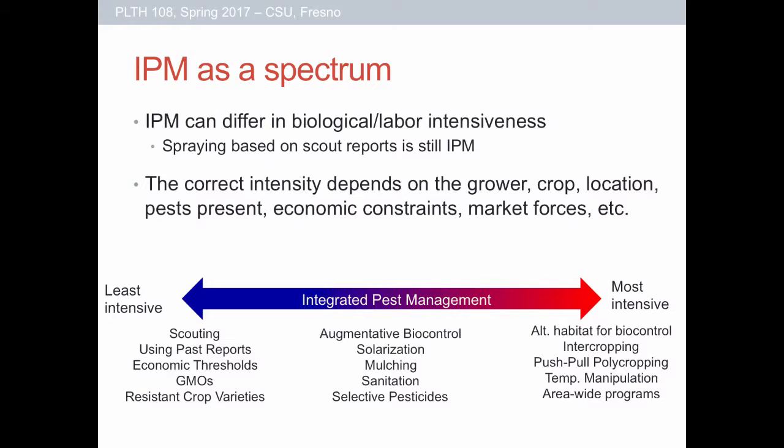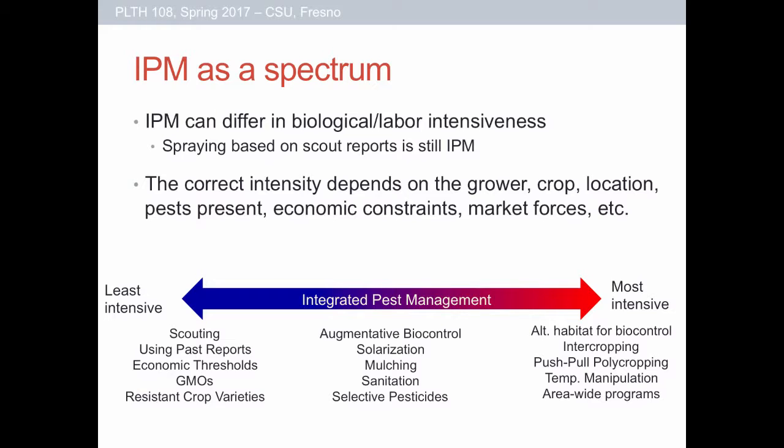I was talking to Jim Farrar the other day. He's the head of the University of California's IPM system, and he used to be the plant pathology professor here before Dr. Ellis took the position. So Fresno State people in high places. He was saying that in his mind, he doesn't care if you're all the way at the least intensive or all the way at the most intensive.